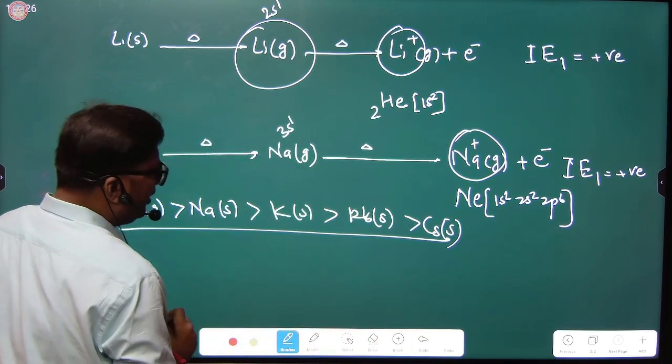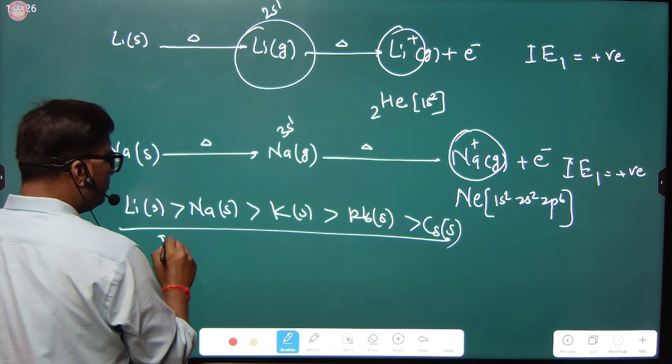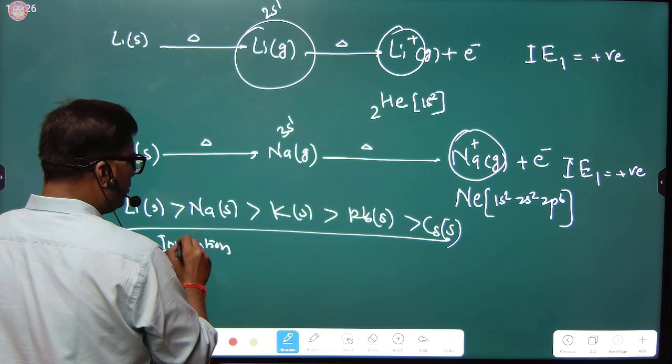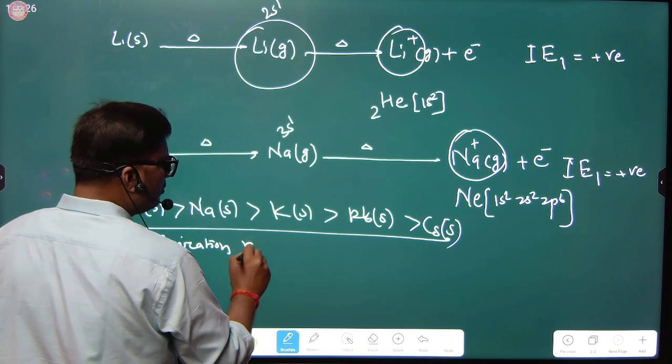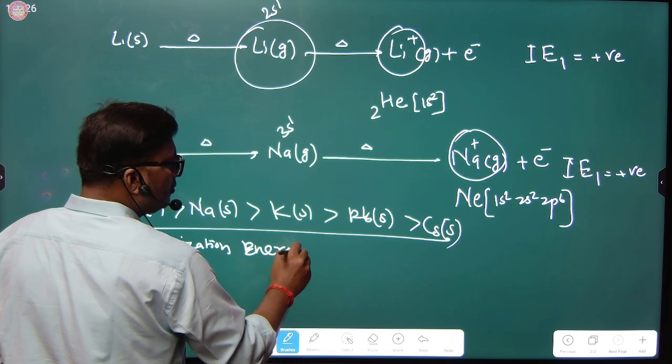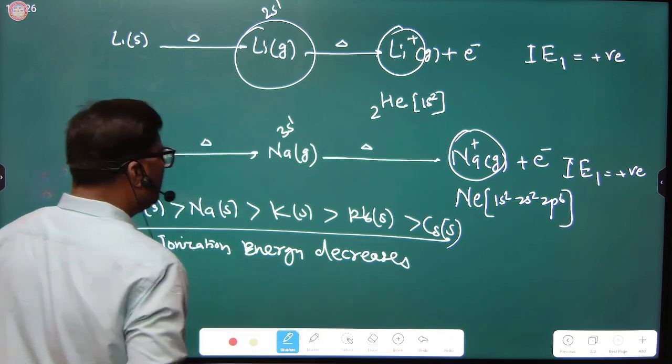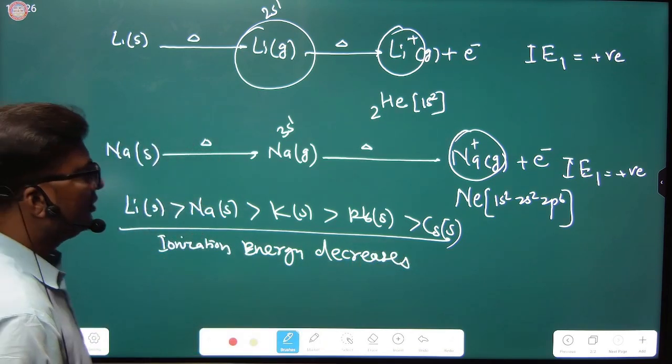So ionization energy decreases in the group, right?